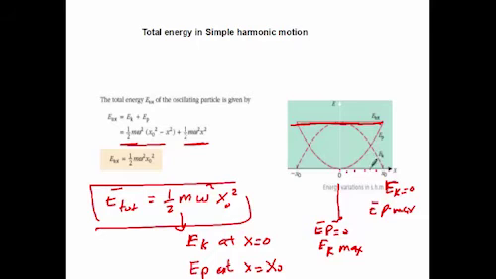At this point here, or this displacement, the kinetic energy will be equal to the potential energy. Half of the total energy is kinetic and the other half is potential, and the sum of them will give us the total energy.